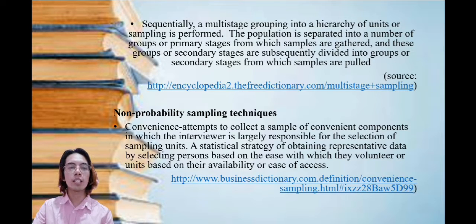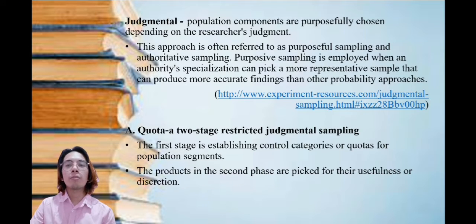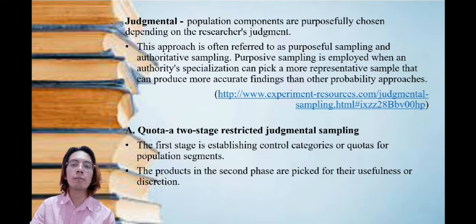Then next is judgmental sampling. Population components are purposefully chosen depending on the researcher's judgment. This approach is often referred to as purposeful sampling or purposive sampling.